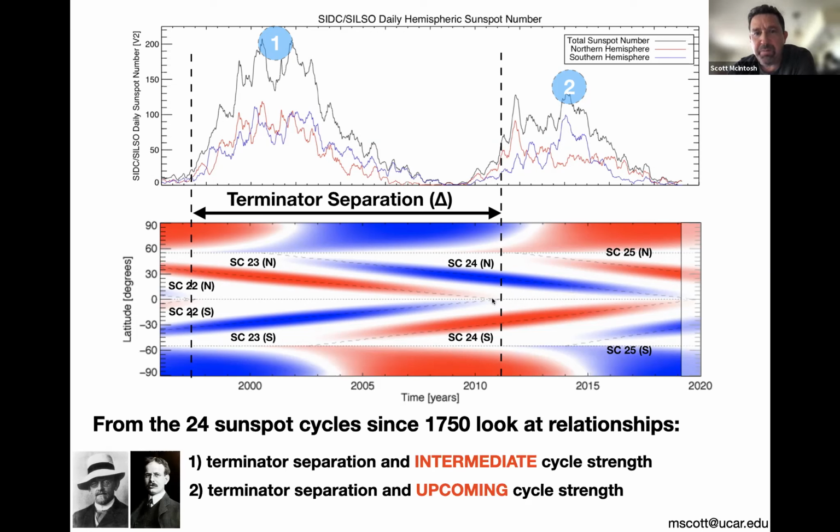So the more that this terminator leaks to the right-hand side, it eats into the upcoming or the already mid-latitude hail cycle and actually quenches its amplitude. However, if it shifts to the left and I have a short separation, I would then expect large cycles.